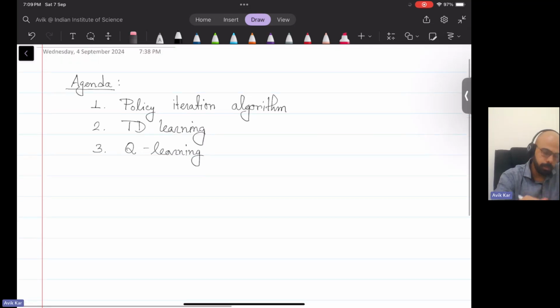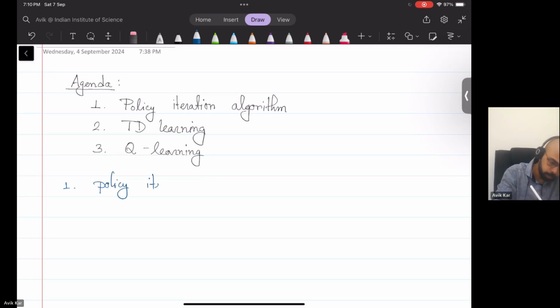So first is the policy iteration algorithm. If you remember, policy iteration is a planning algorithm. You know the true MDP, that is, you know the transition probability kernel and the reward function.